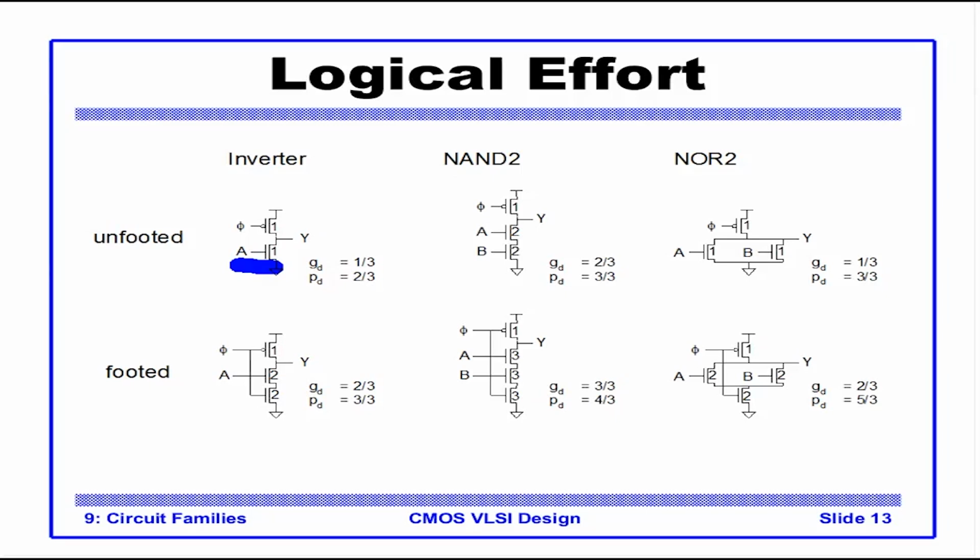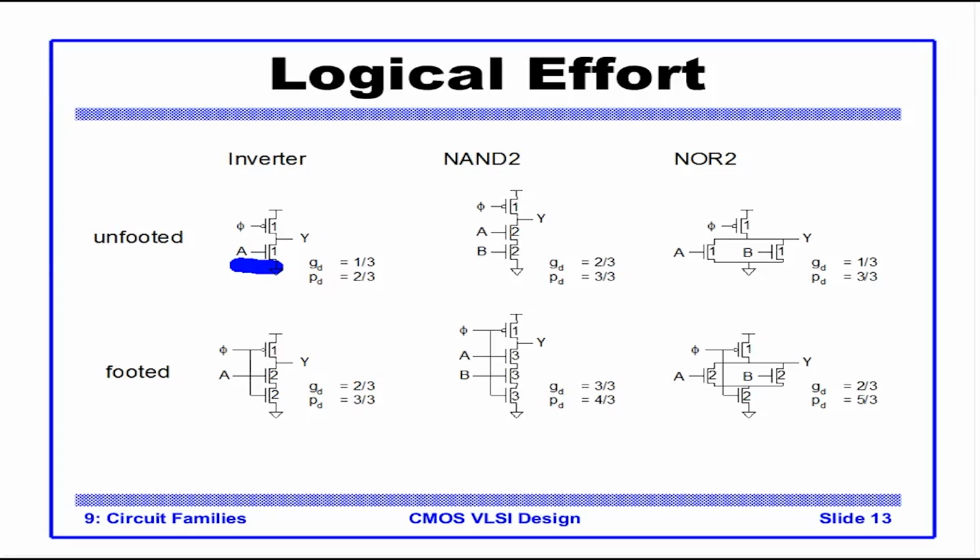Now we can see that obviously the footed one adds 2 transistors extra to the CMOS logic. The unfooted one adds 1 transistor extra. So dynamic logic, or we also call them domino gates, in fact adds transistors to CMOS, so the area is more.